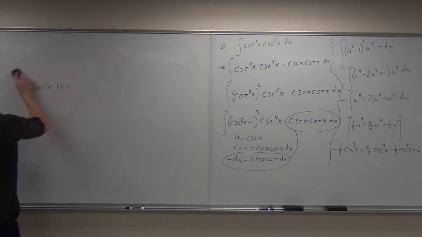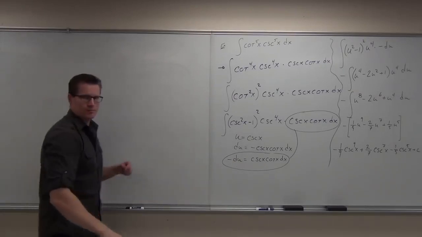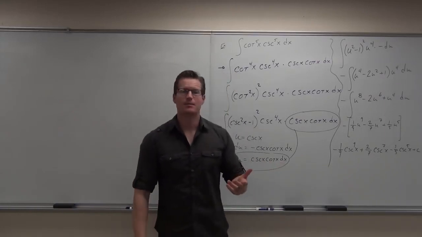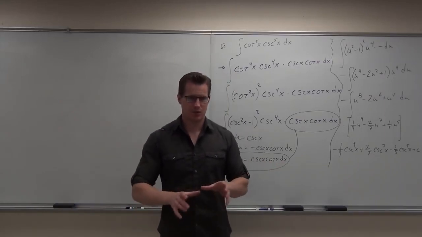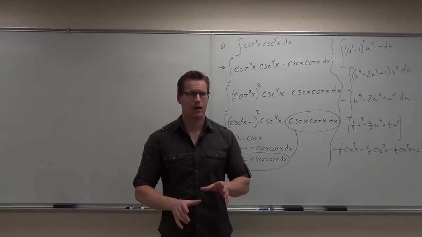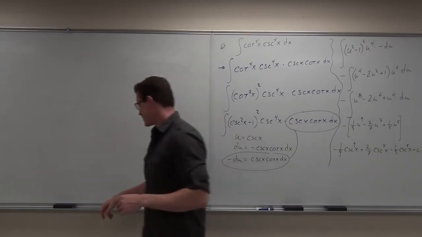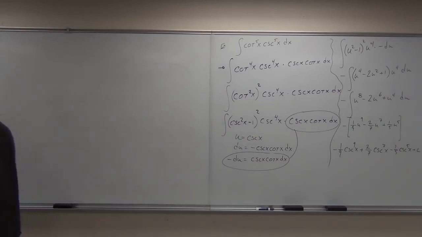Like if you had one more cotangent in that last problem. Yeah, some of them can't be done. I mean, some of them, there's no real good way to do them. Some of them, like I'm going to show you, like this one.